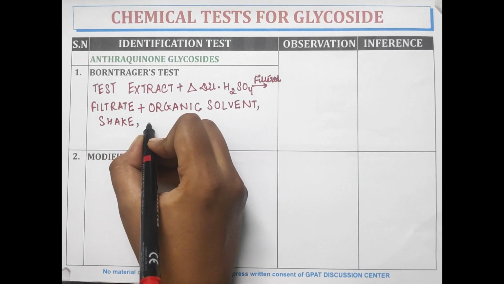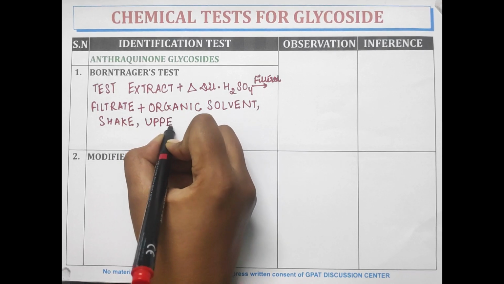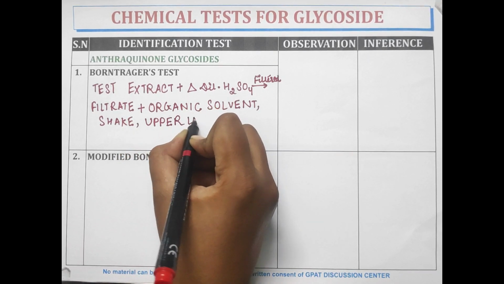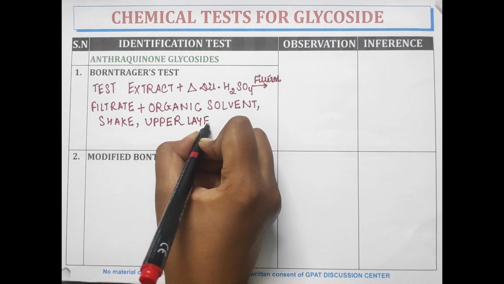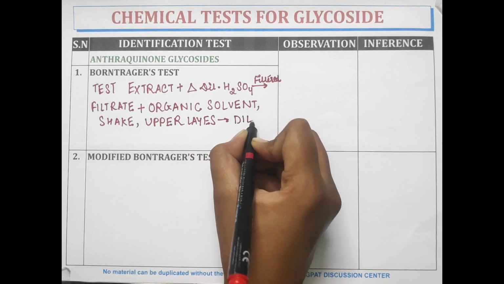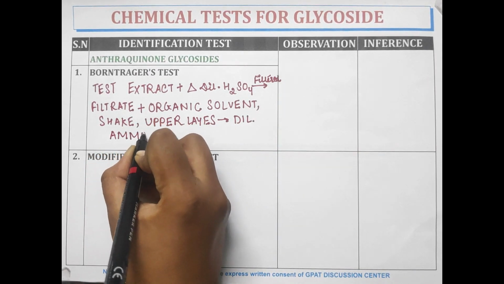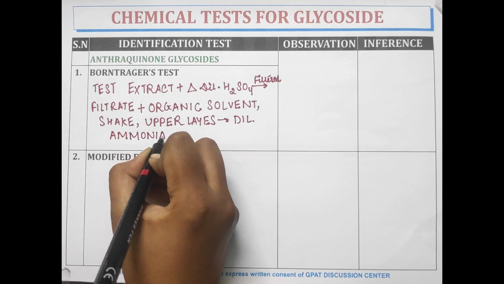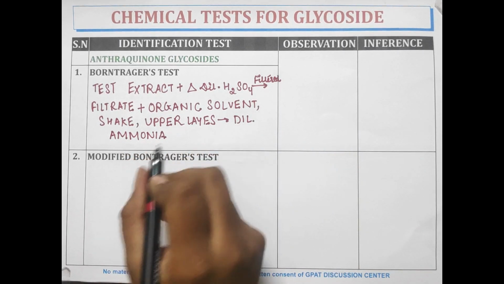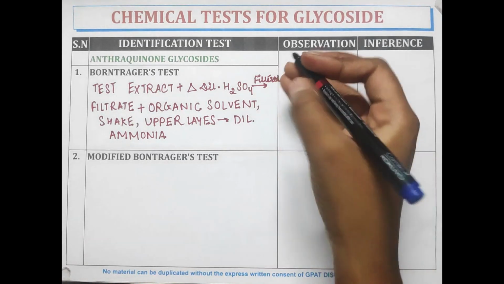After separation, the upper layer is taken, and dilute ammonia is added. This ammoniacal layer turns into pink or red.